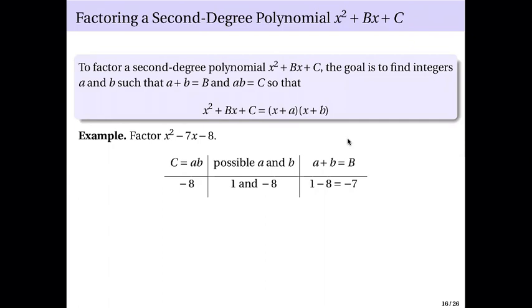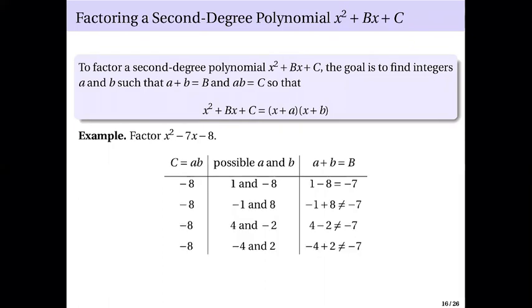But let me just write the other possible pairs that you would have tried. You have negative 1 and positive 8. You have also 4 and negative 2, and you have negative 4 and positive 2. All of these pairs will give you a product equal to negative 8.